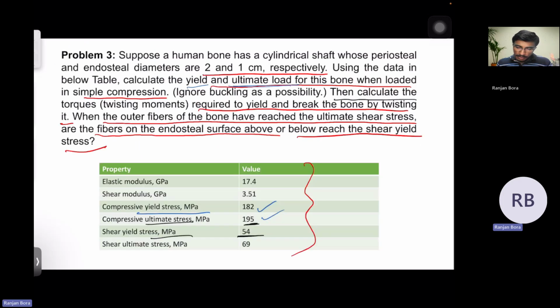Now the next question is, when the outer fibers of the bone have reached the ultimate shear stress, are the fibers on the endosteal surface above or below the shear yield stress? So we need to check, if the outer fibers of the bone reach the ultimate shear stress, which is 69 megapascal, whether the fibers on the endosteal surface reach the shear yield stress.